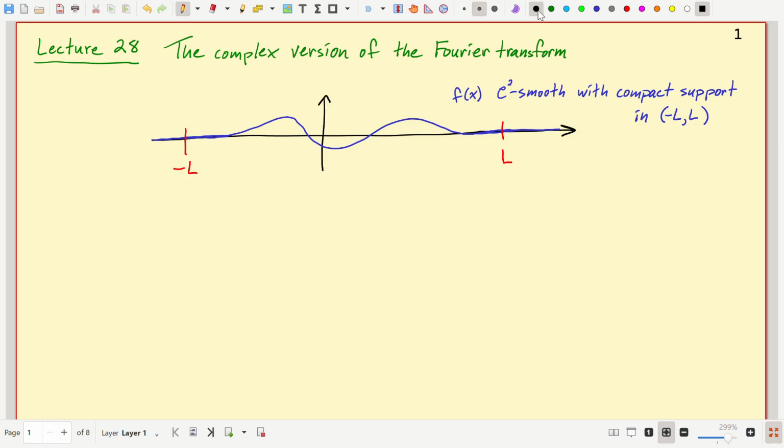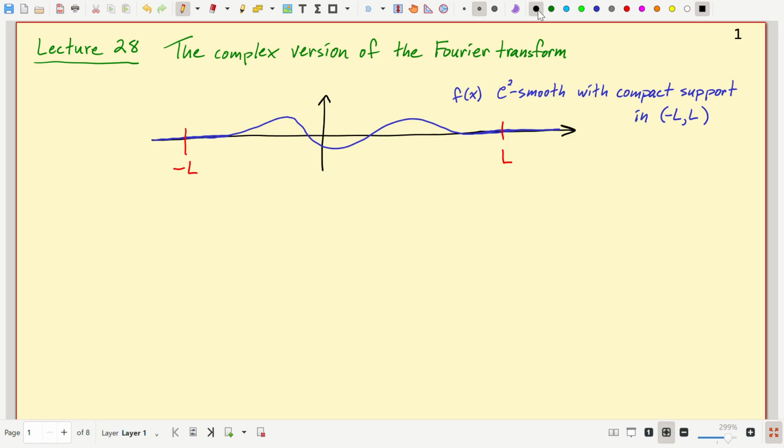Anyway, I'm going to motivate the thing like I did before, taking a function with compact support, meaning the support, the closure of the set where it's not zero, is a compact set, which means it's closed and bounded.